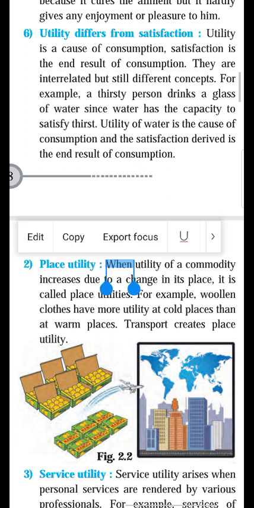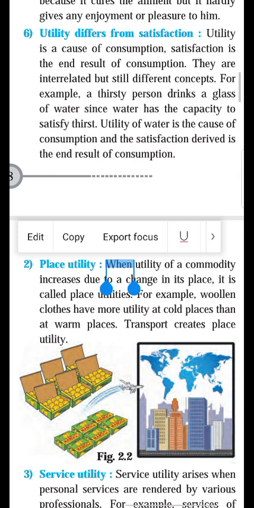Utility and satisfaction are interrelated, but they are not exactly the same, because utility is the want-satisfying power of a commodity, whereas satisfaction is a feeling of happiness.